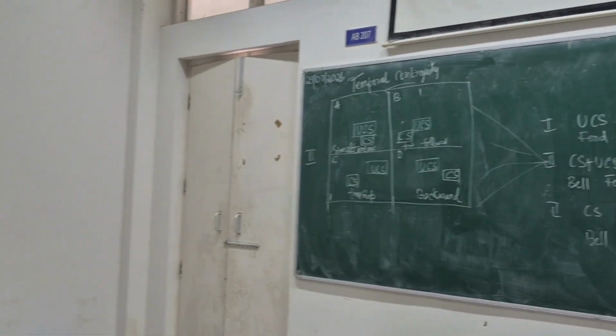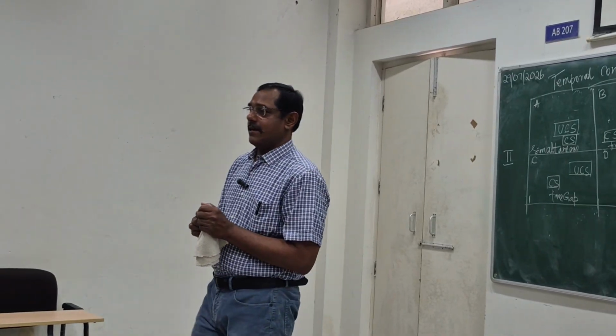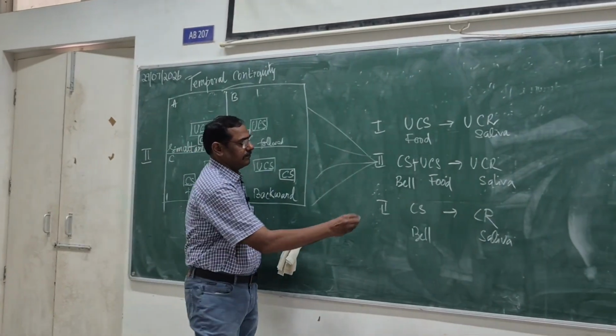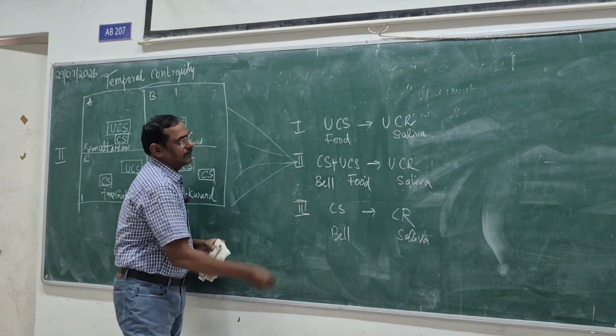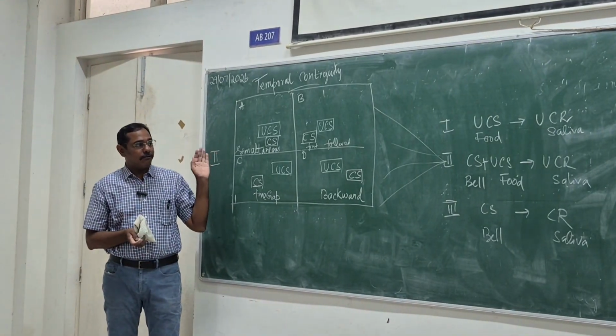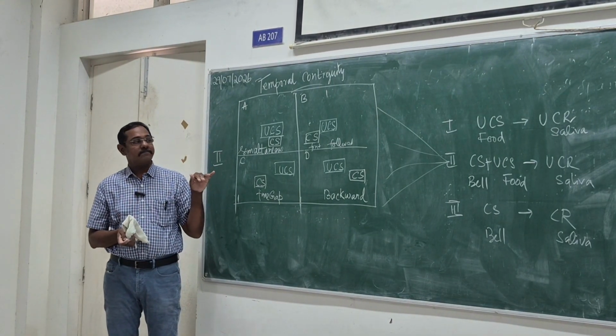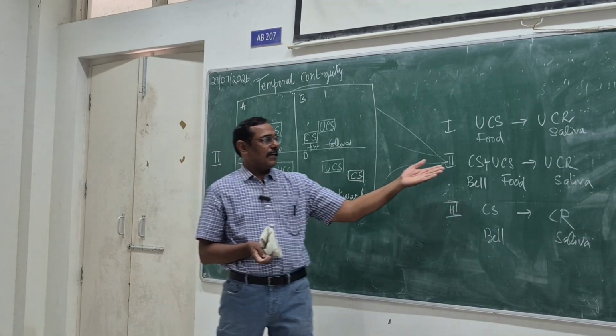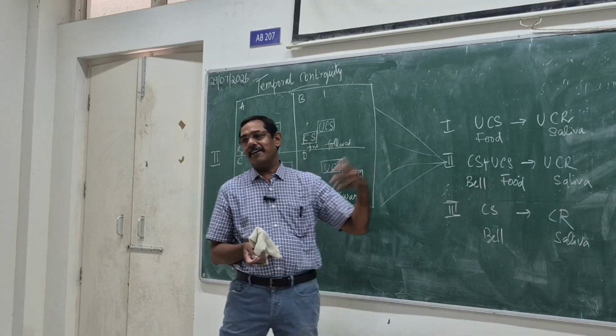So what's your answer? Which one will favor the third step more, among these four temporal contiguity? C, because it's given first and this is given second. Okay.